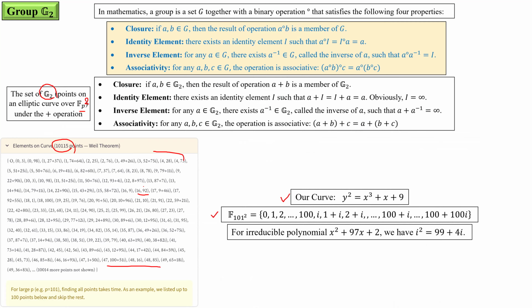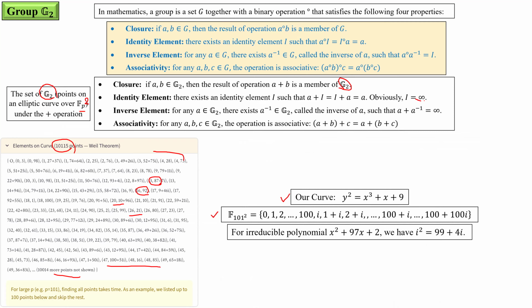If you pick any two elements from this set, you will see the result is another element that maybe is not listed here, but on the website we also have a tool that allows you to see whether the element is an accepted element or not, right? So you can add these two values to each other and ensure that the result is an element in the group.